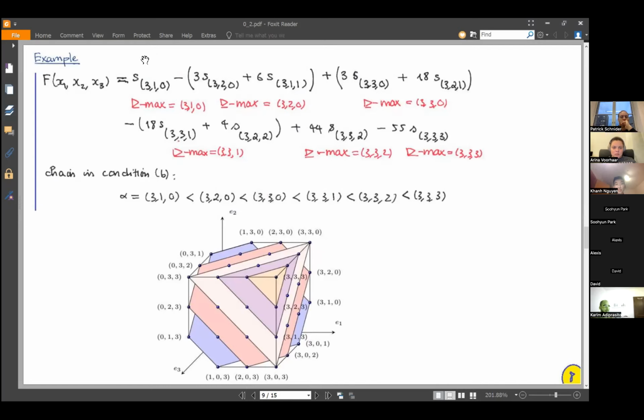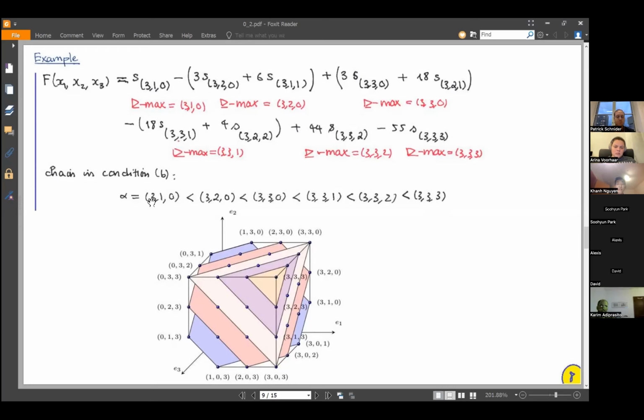You see that the maximum partition in the first bracket equals 3, 1, 0, the maximum in the second bracket equals 3, 2, 0, the next one equals 3, 3, 0, and next 3, 3, 1, and so on. Now when we look at the set of all dominant maximum partitions, you see that they satisfy condition B. First we fix the partition 3, 1, 0, the first one, and the last one is 3, 3, 3.